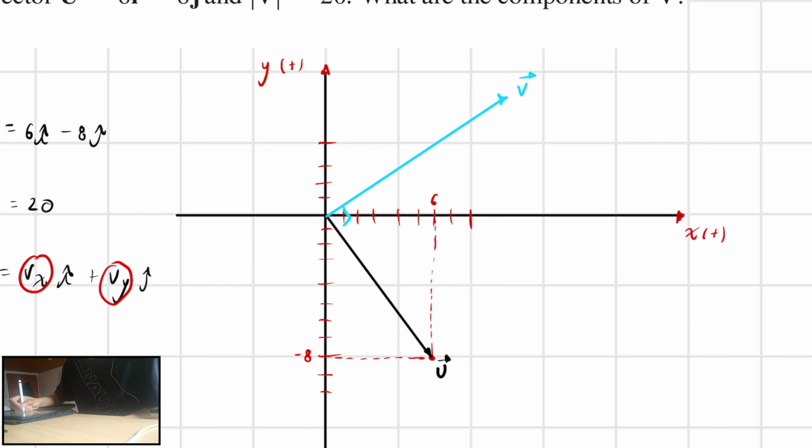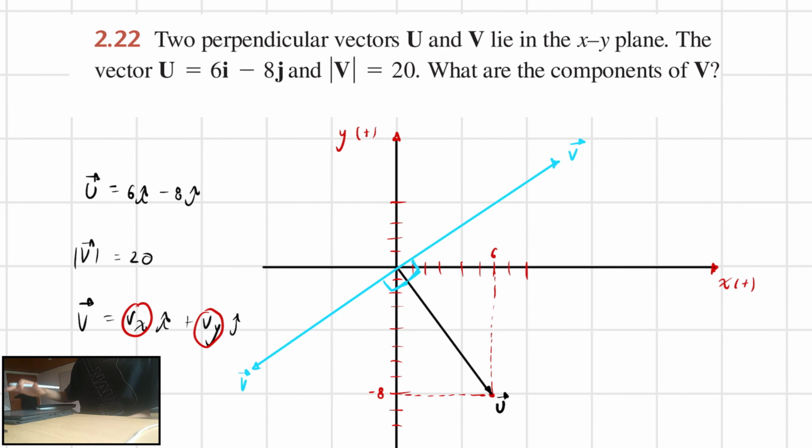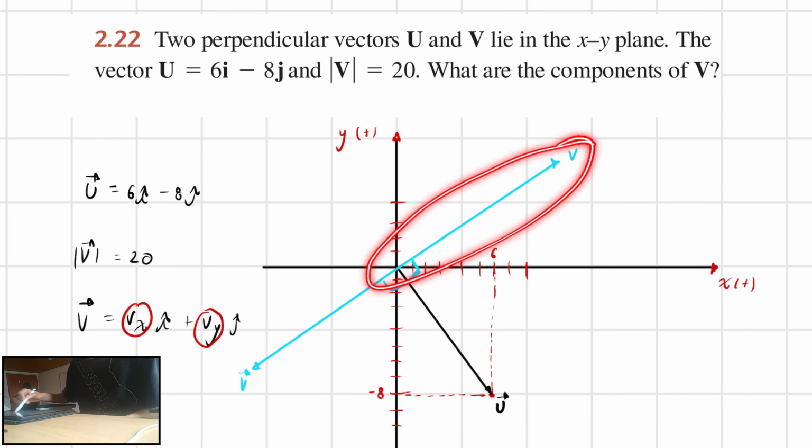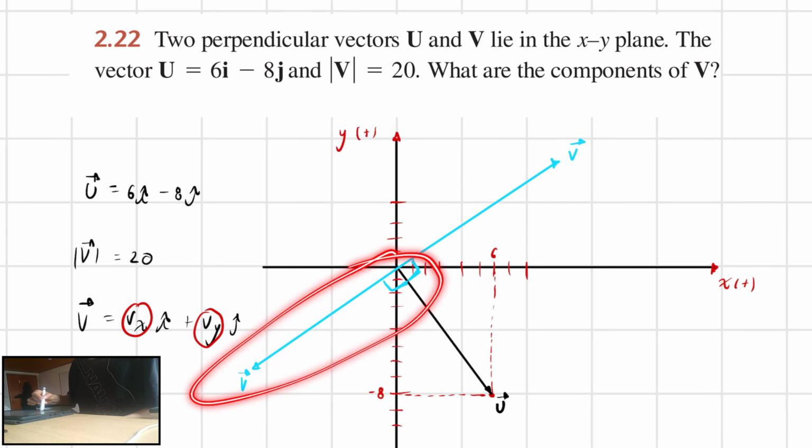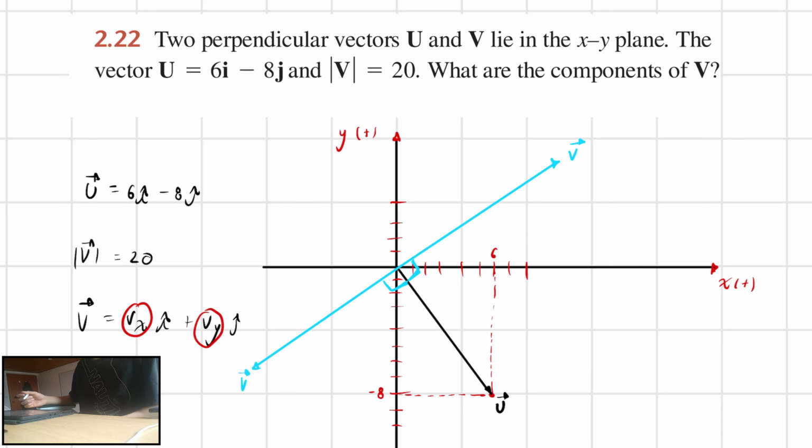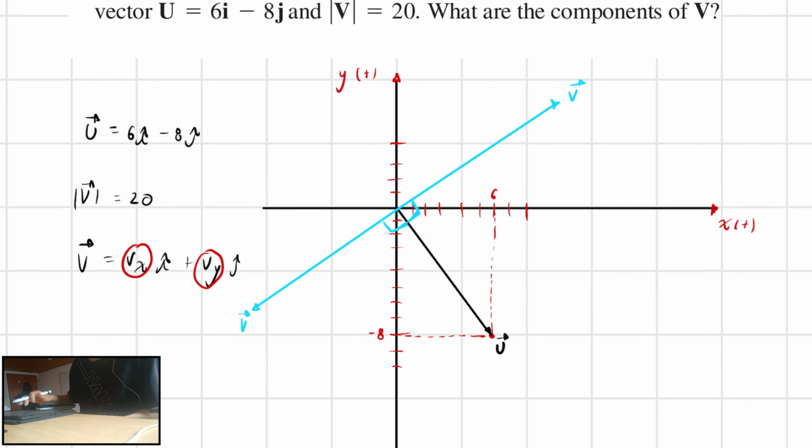But this is not the only vector that generates a 90-degree angle with respect to u, because right here I have another one. They're asking me for a 90-degree angle, so this answer is valid as well as this one. That means that this exercise has two different valid answers.